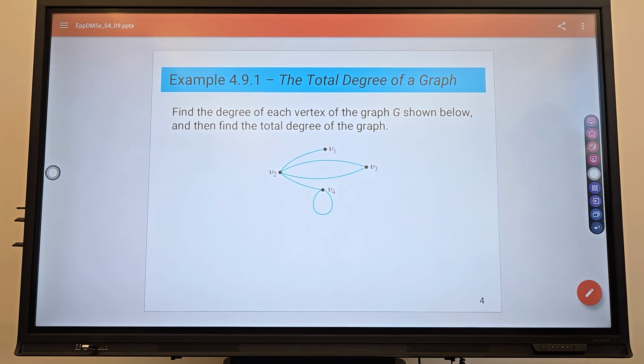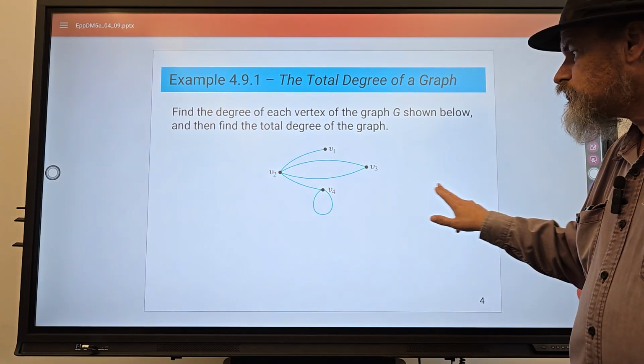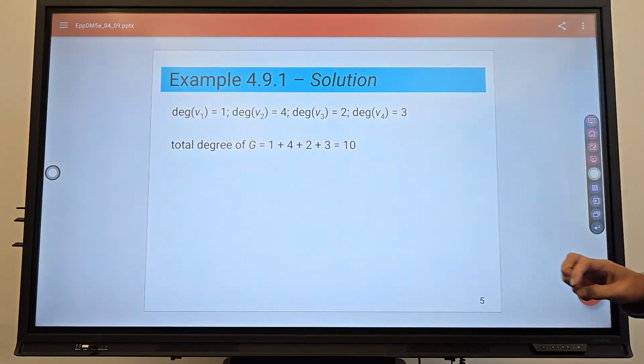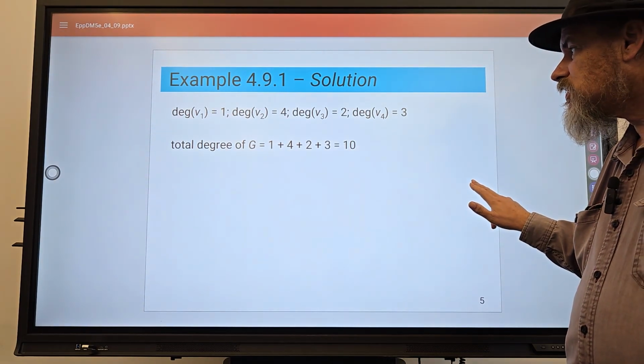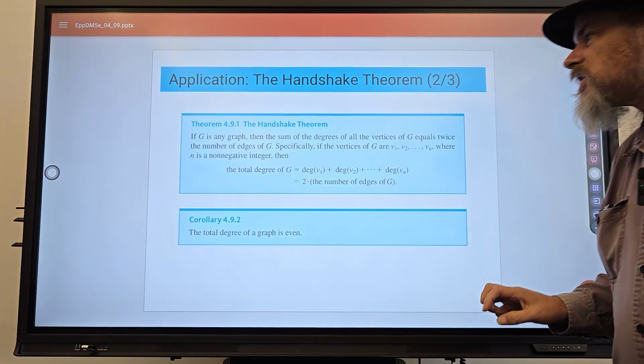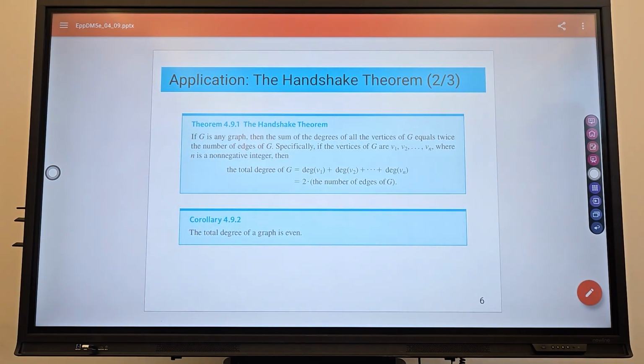So 1 plus 4 is 5, 7, 10. So it's a total degree of 10. So, yeah, 1, 4, 2, and 3 equals 10.